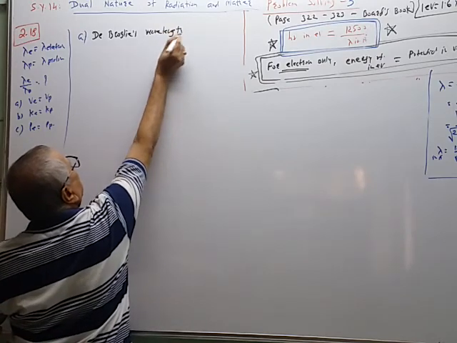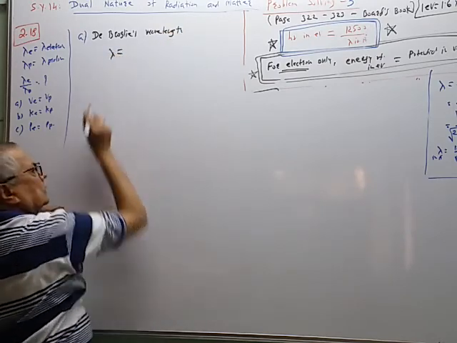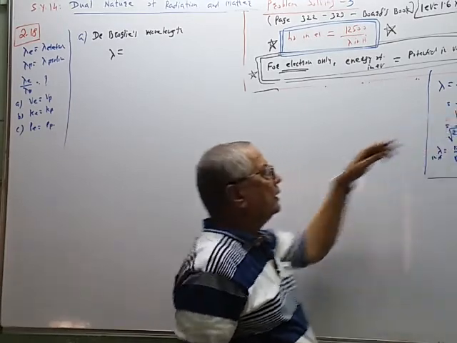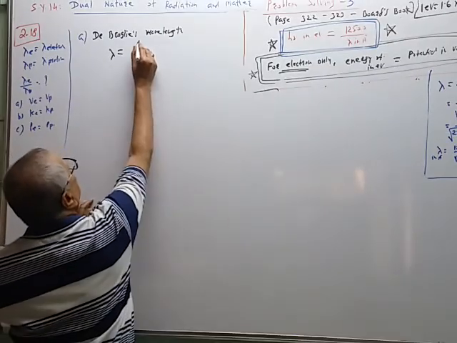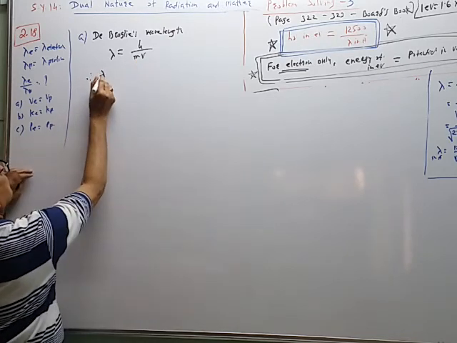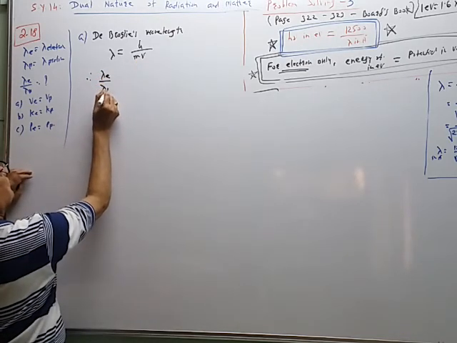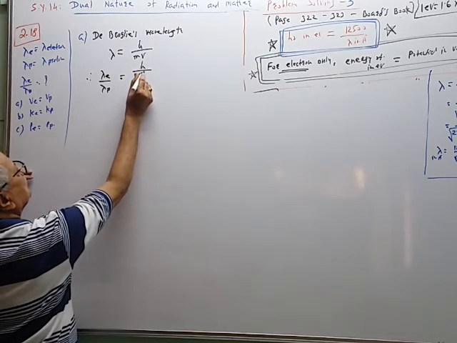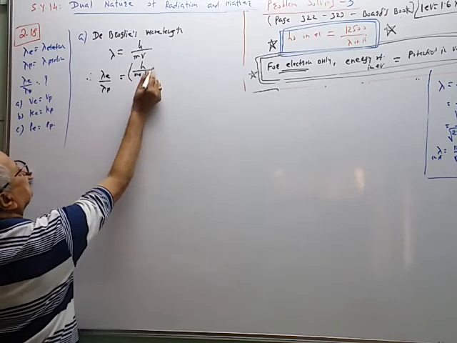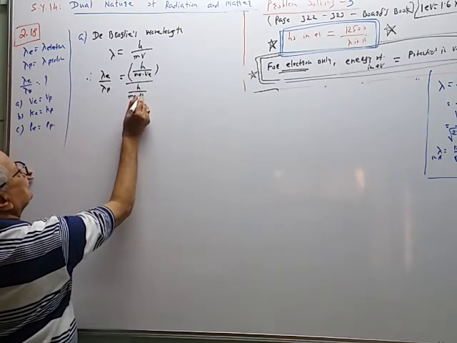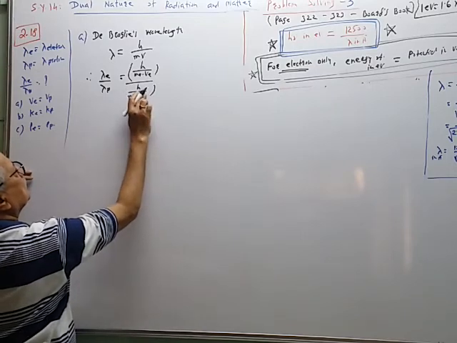So lambda is equal to h upon mv. Therefore lambda electron upon lambda proton is equal to h upon mass of the electron, velocity of the electron, divided by h upon mass of the proton, velocity of the proton.